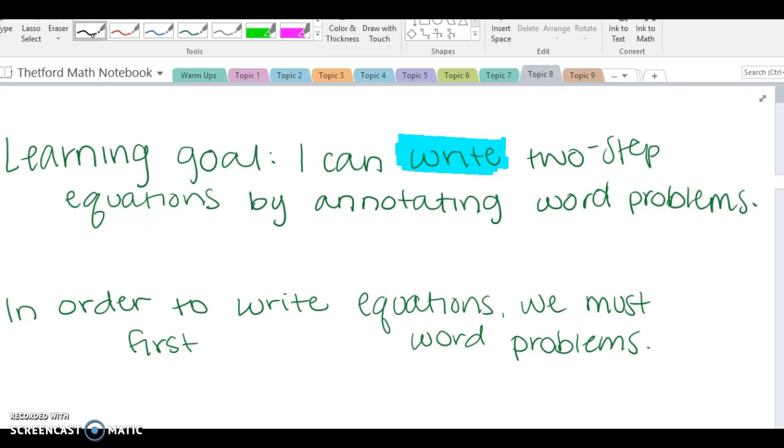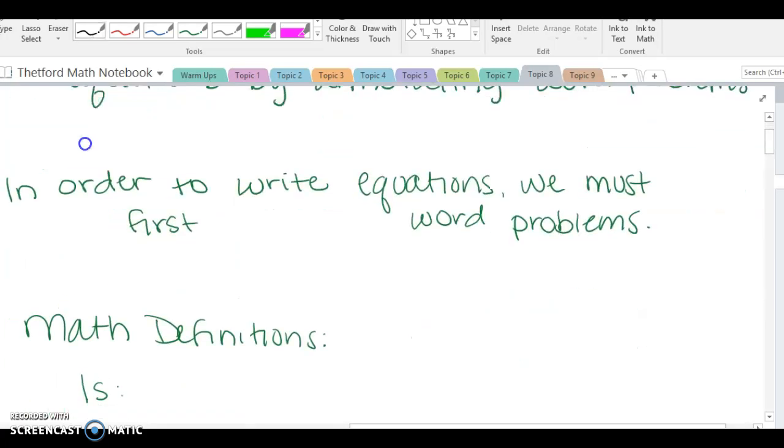Yesterday, we learned how to solve one step, and so today we need to know how to set up the equation so that way we can then turn around and solve it tomorrow. So in order to write equations, we must first annotate word problems.